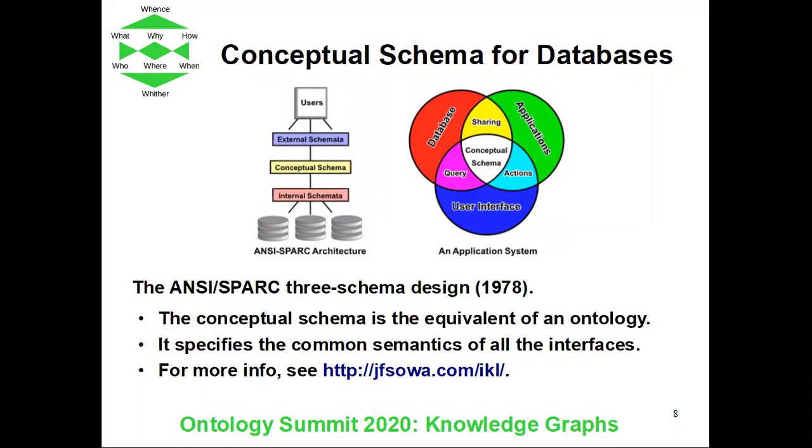The idea is that the conceptual schema was the ontology that represented the interfaces among the various applications, the databases, the applications, and user interfaces. For information passed along any of them, the conceptual schema represented the semantics.